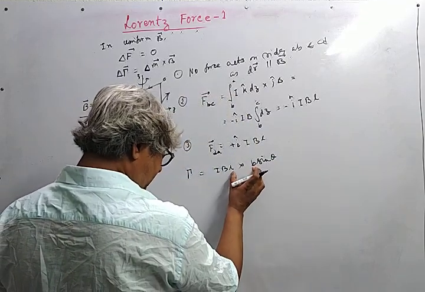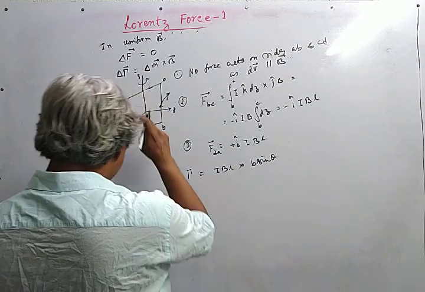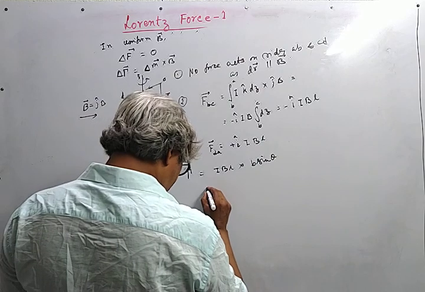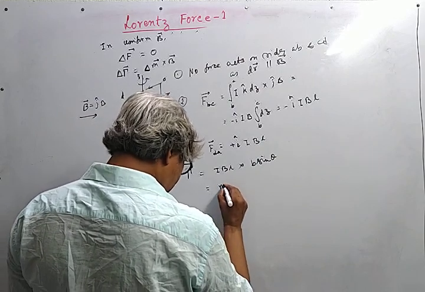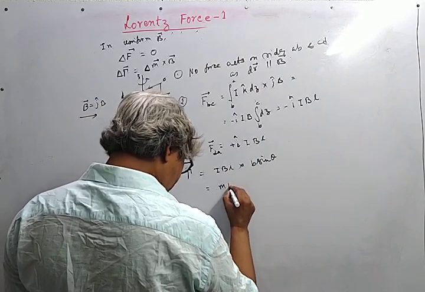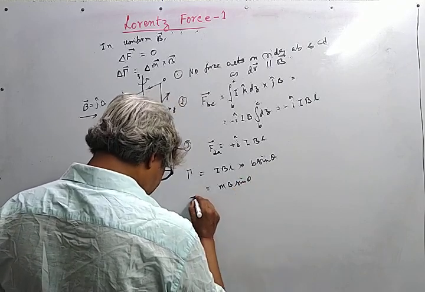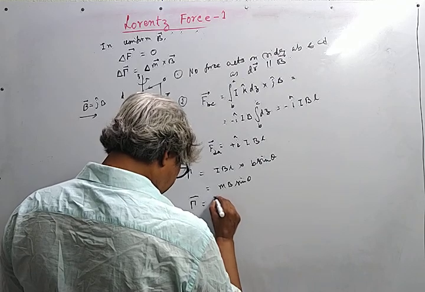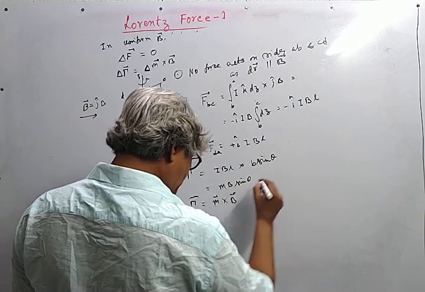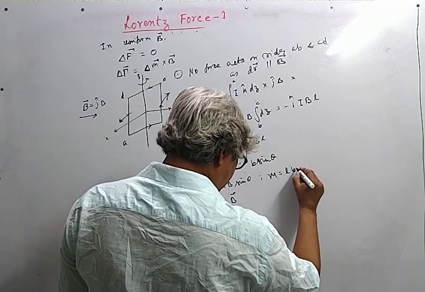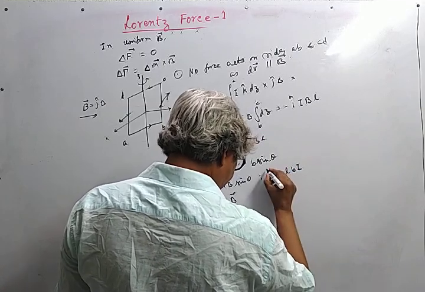B times L is the area. If we multiply by I, then we get M. So this is M B sine theta. In vector form, this can be written as M cross B, where M is equal to LBI.